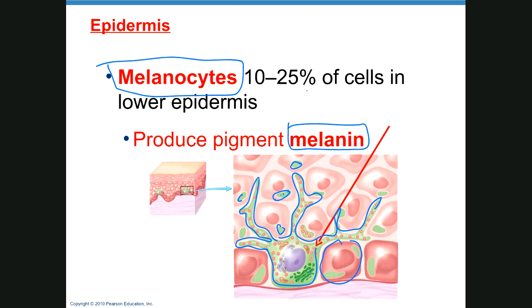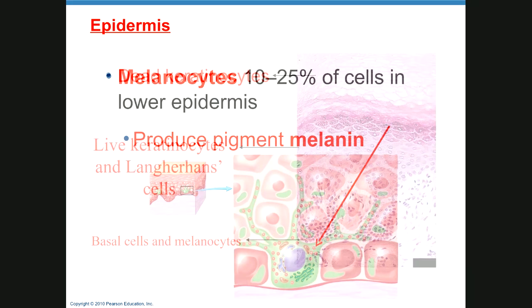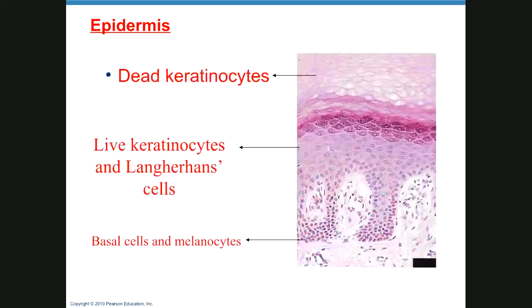So these vesicles filled with melanin are going to be positioned in the upper layers of the skin that are more subject to UV light exposure. The pigment absorbs UV light and prevents UV light damage on the cells of the epidermis.